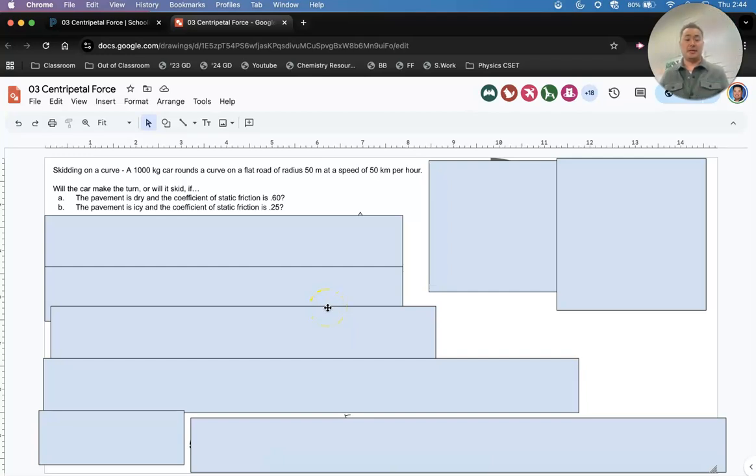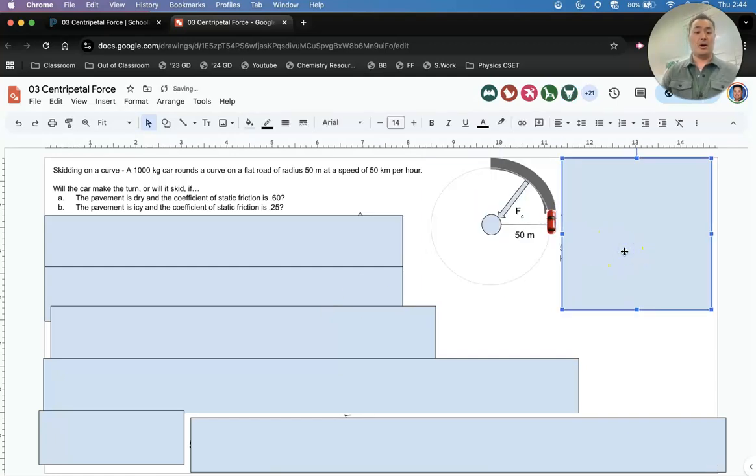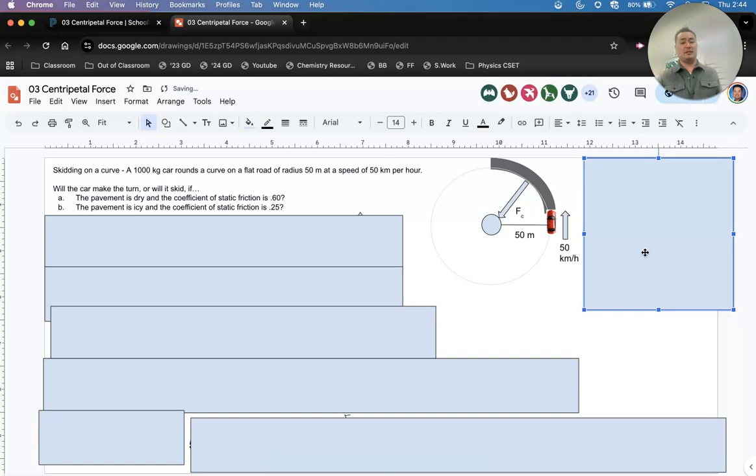Okay, the physics problem says, skidding on a curve. A 1,000-kilogram car rounds a curve on a flat road of a radius of 50 meters at a speed of 50 kilometers per hour. Now, what's most helpful is if you visualize this as this diagram here. You've got a car. It's going in a specific direction.